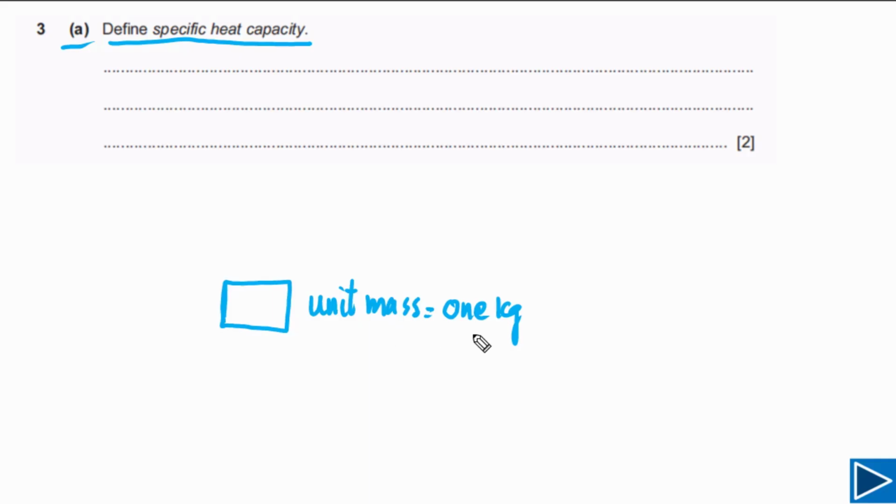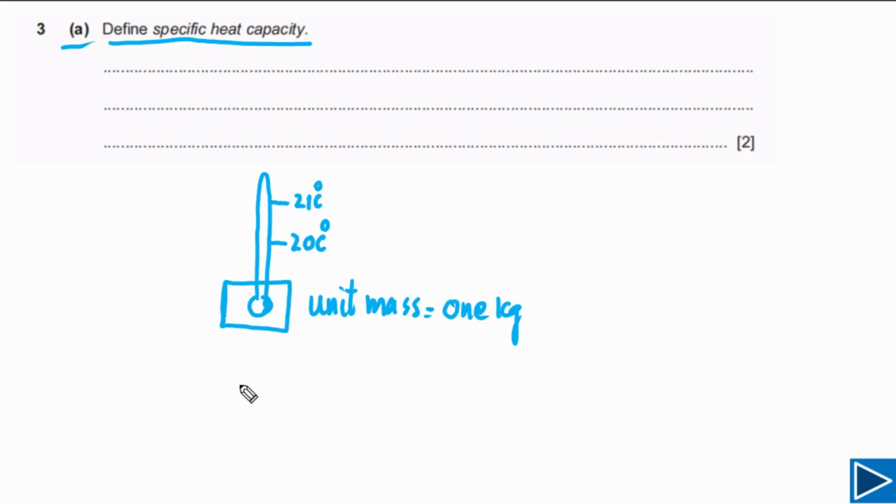Now imagine we place a thermometer inside this substance, and let's say the initial temperature of this substance is 20 degrees Celsius. We want to raise this temperature by 1 degree Celsius.